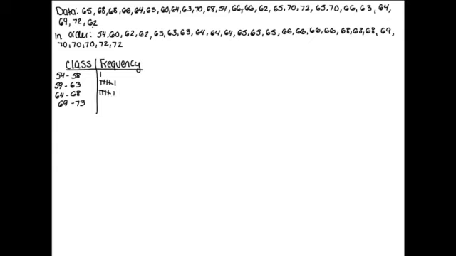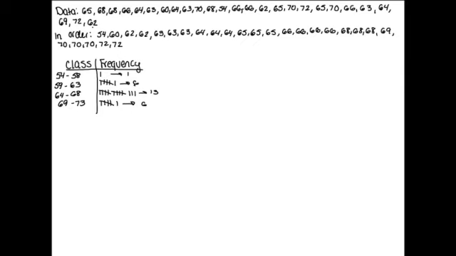I have 3 65s. I have 4 66s. And I have 3 68s. Lastly, I have 69 to 73. So I have one 69. I have 2 70s... I have 3 70s. And I have 2 72s. So I have 1, 6, 13, and 6.